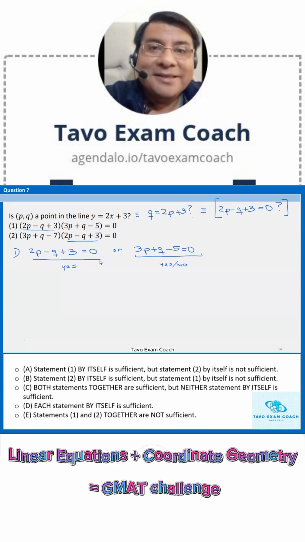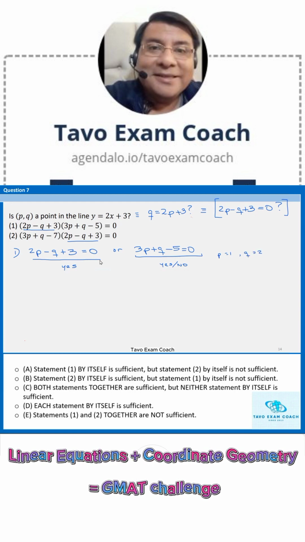Why is that? For example, you can have two values of p and q that make the factor on the right 0, but don't satisfy the equation of the line above. Example, p equal to 1 and q equal to 2.